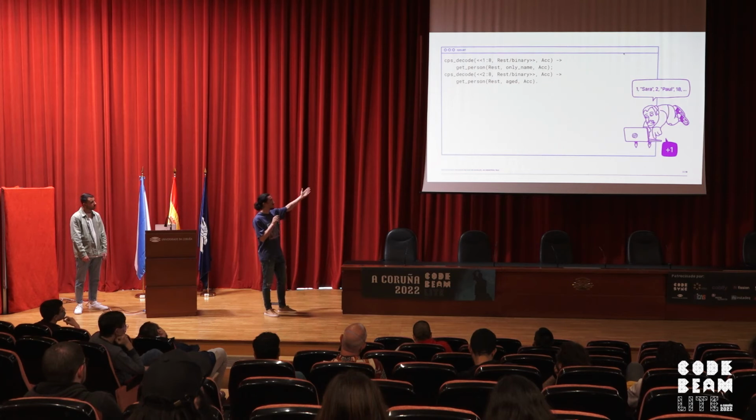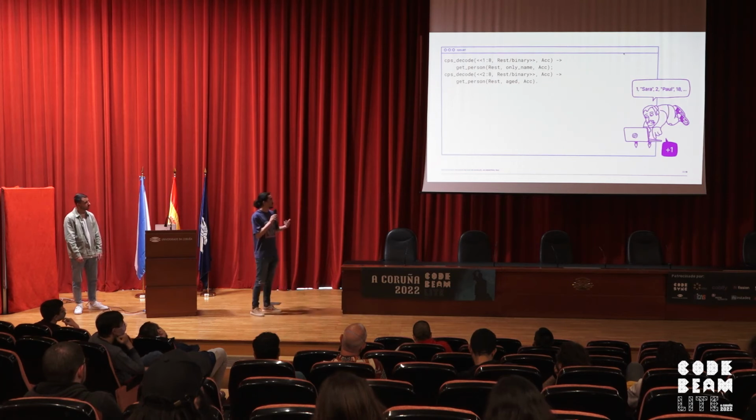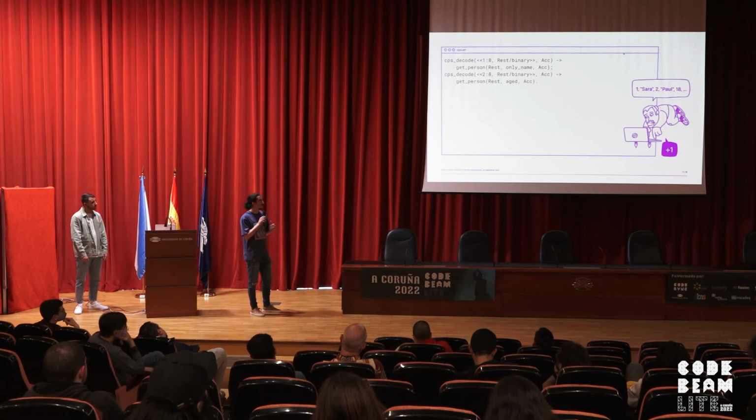And if we have a 2, it makes explicit by the second parameter of the getPerson function that we have to take both the name and the age. So this would be a CPS implementation of the decode function.